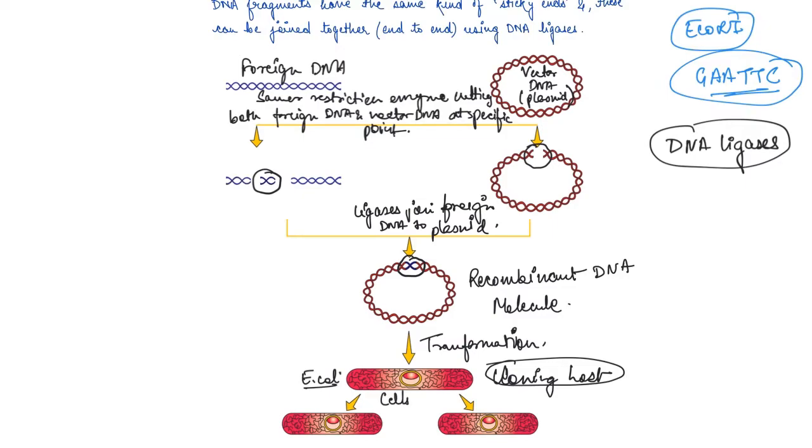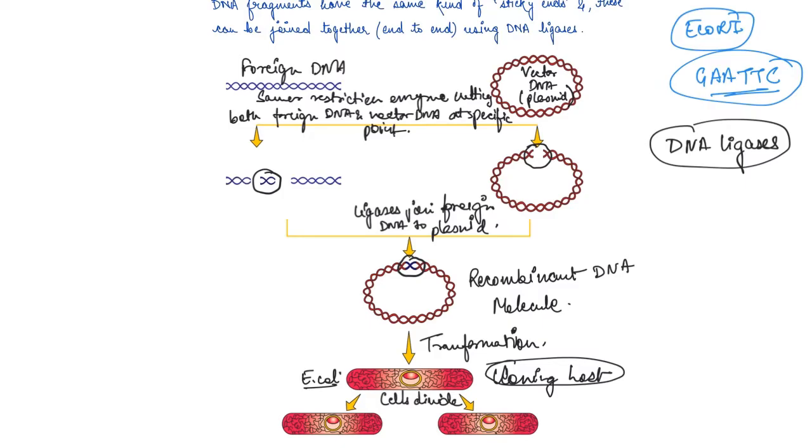So here the cells start dividing, and along with that, the genetic material which has been put into them is also replicated, and the phenotypic effects are shown. So guys, this is all about recombinant DNA technology.